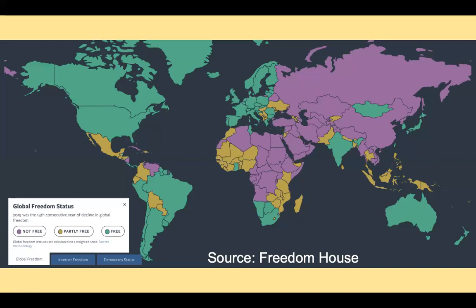hybrid or sort of a part democratic, part authoritarian model, where it might be possible to exercise important rights and liberties, but where there might be limitations or restrictions in key areas. It may be difficult to unseat the incumbent government.